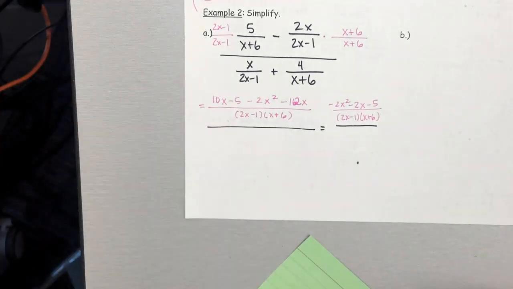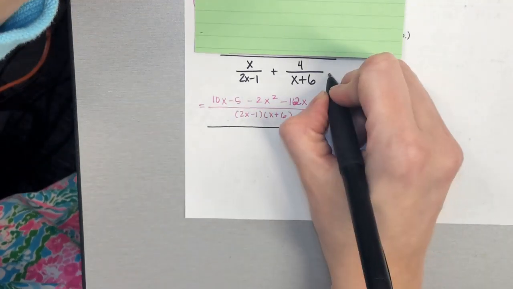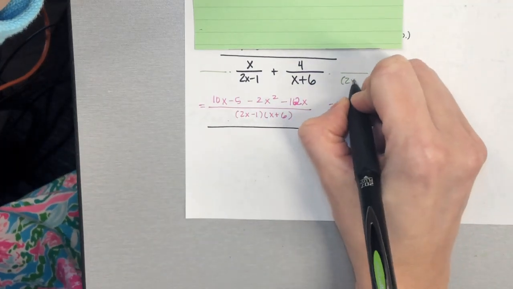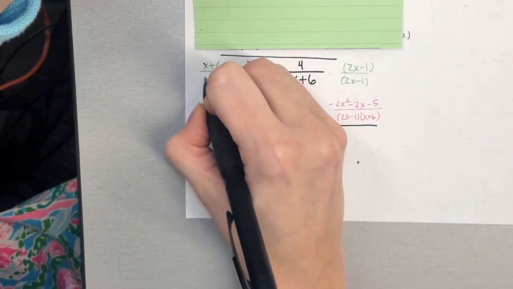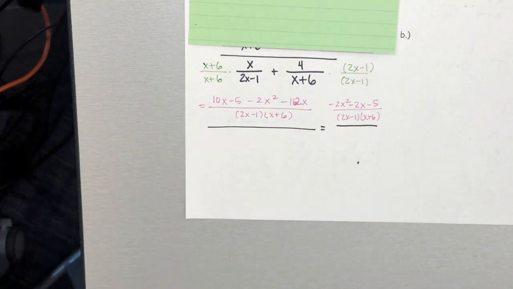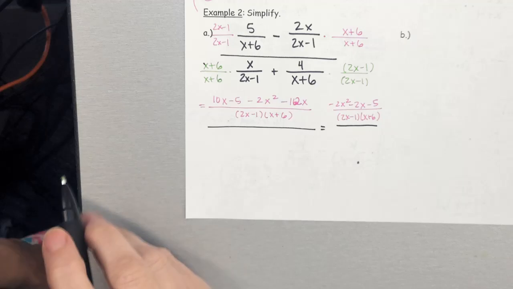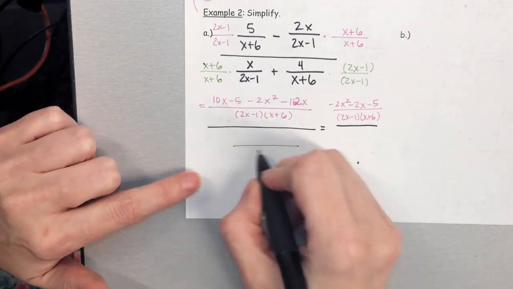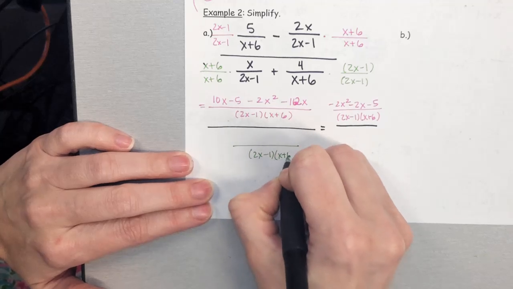All right, and now we're going to do the same strategy for the denominator. So if I'm just trying to simplify this, I want to know what to multiply by to get the LCD. So here I'm going to multiply by 2x minus 1 over itself. Here I'm going to multiply by x plus 6. So remember, one thing we're being intentional about is we are multiplying by something that is equivalent to 1. Okay, and when you're multiplying, your LCD is the 2x minus 1 times x plus 6.